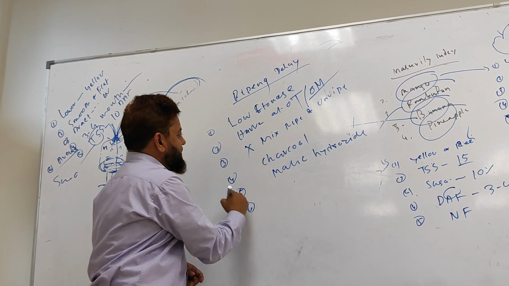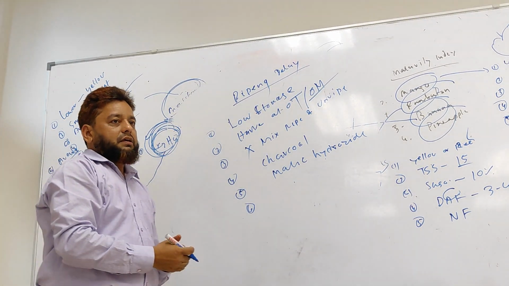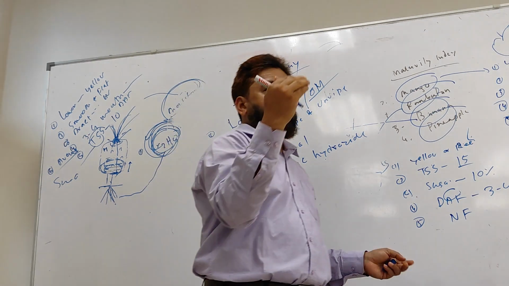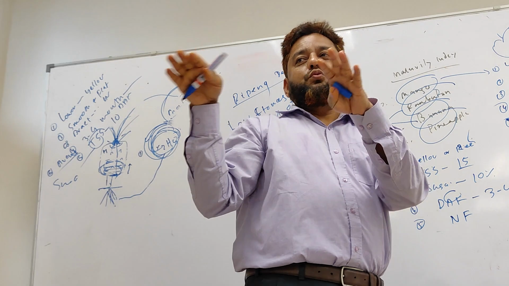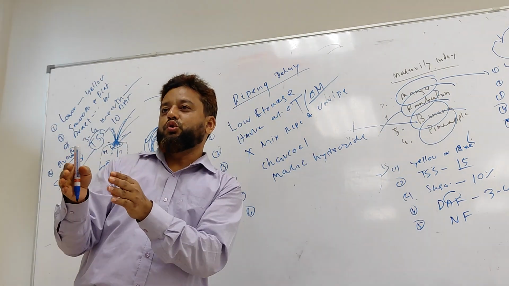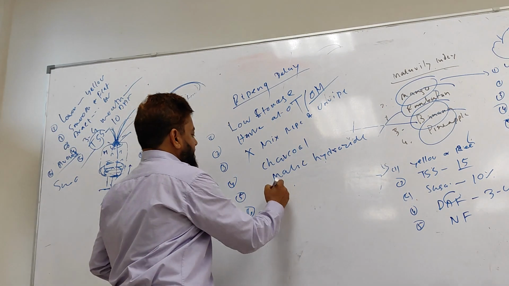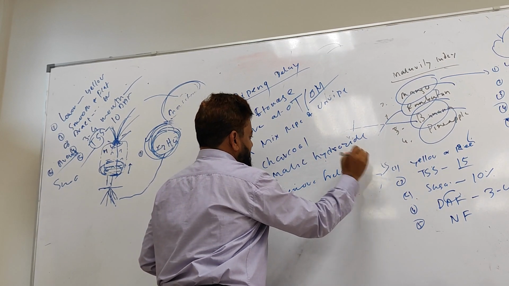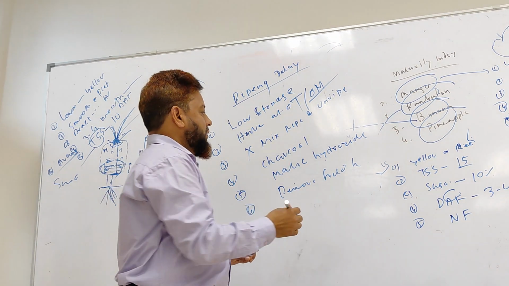And also number 6, maybe you have to remove the field heat. If the fruit has some heat, then you have to put the fruit in a cold room. In this way, you remove the field heat.